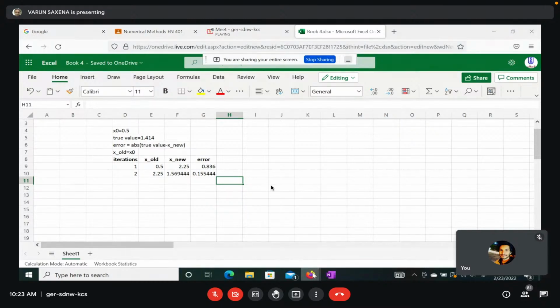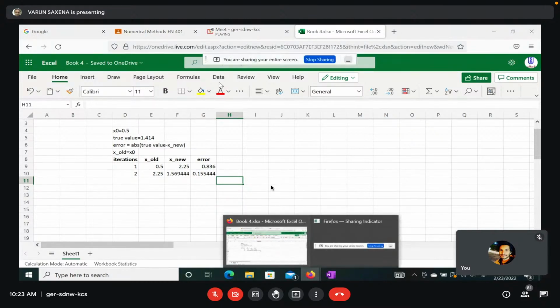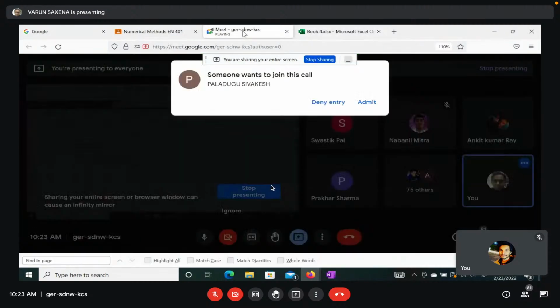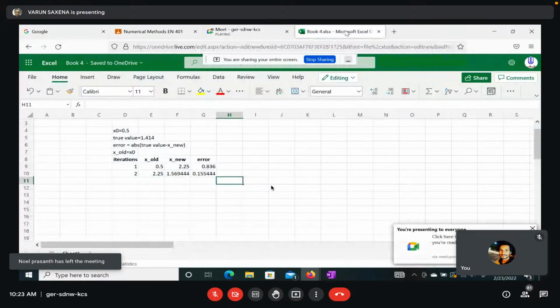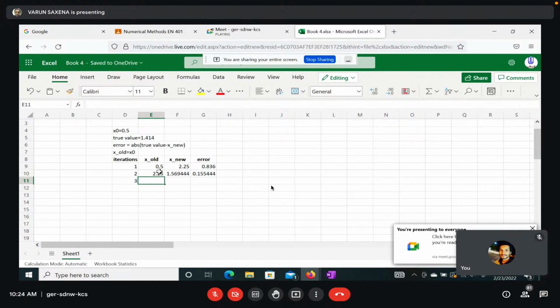I think some people have joined, so let me just bring them in. Yeah. So now we come to iteration number 3. We have already put the formula here. If I bring it down here, the x new becomes equal to x old.